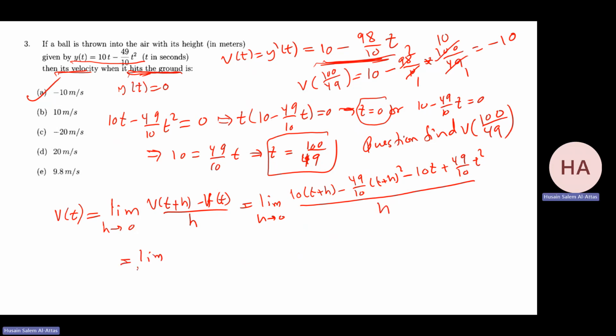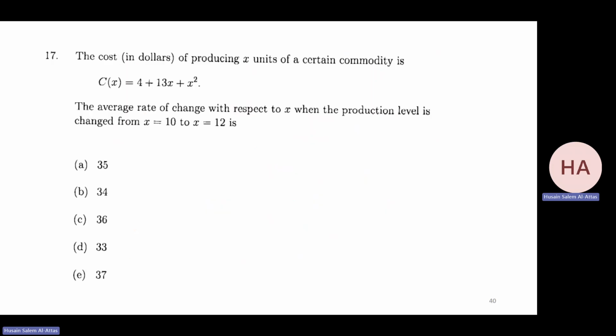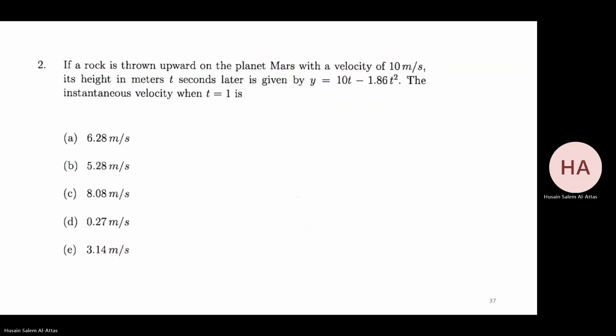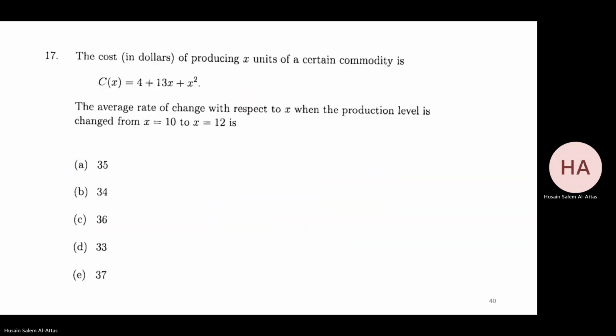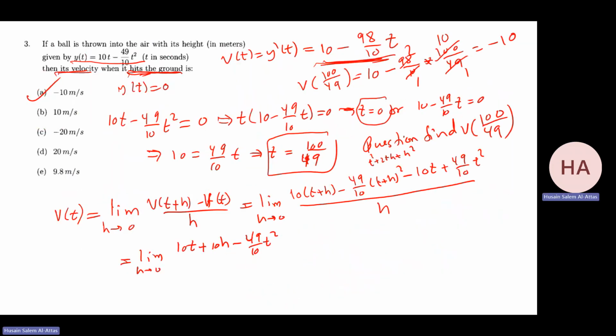This will be the limit as h goes to 0 of 10t plus 10h minus 49 over 10, times t squared plus 2th plus h squared, minus 10t plus 49 over 10t squared, all over h.